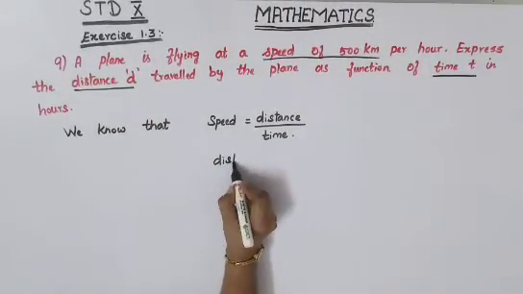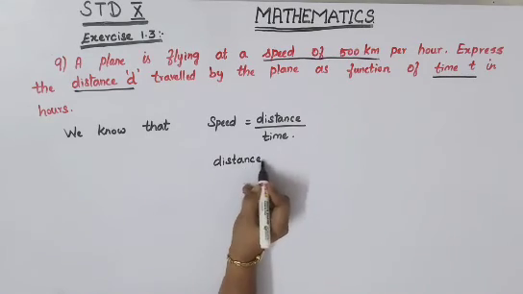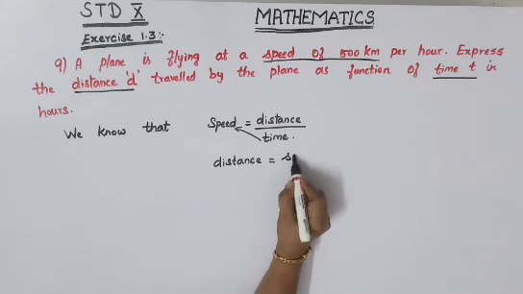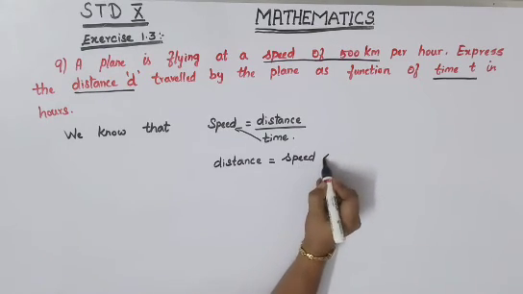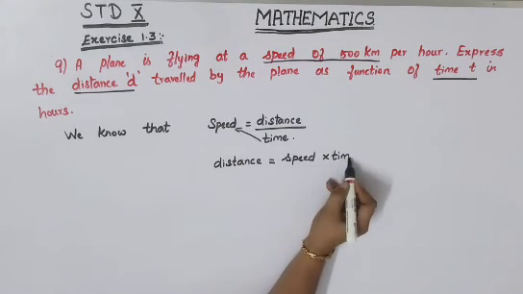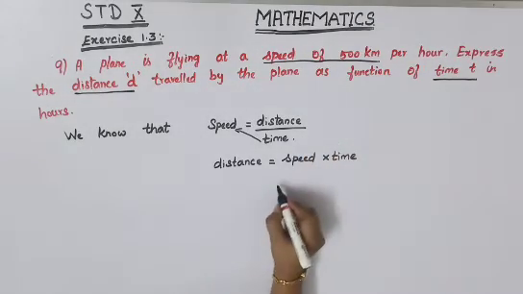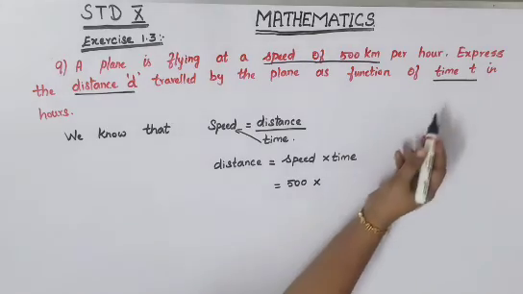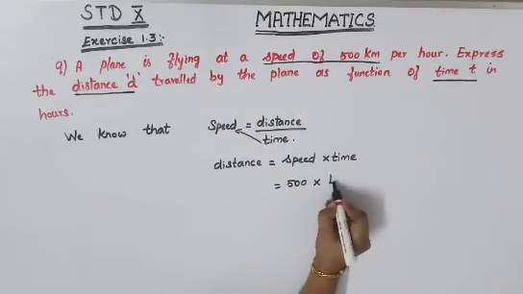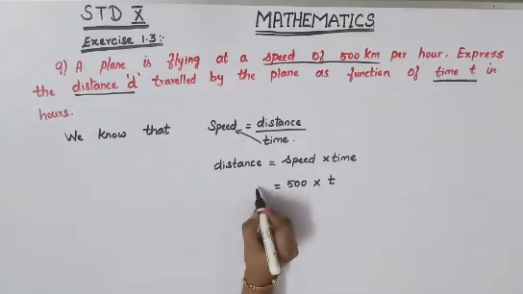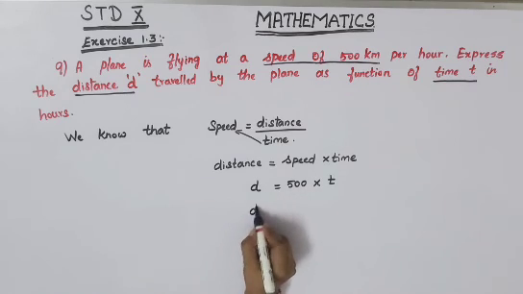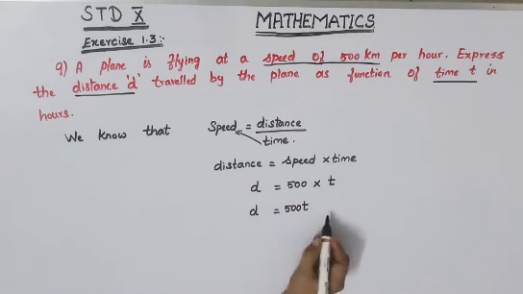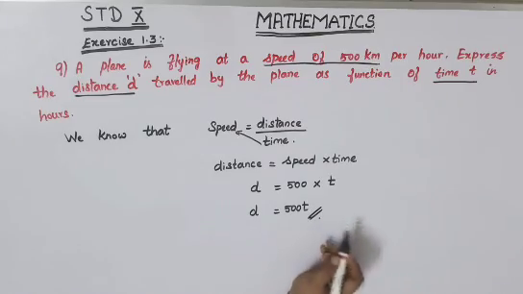So distance is equal to, take this time here, so it will become speed into time. So your speed is given 500 kilometers. So it is 500 into your time, they have told you to mention t, and your distance they have given d. So your answer is d is equal to 500t. So this is the answer for your 9th question.